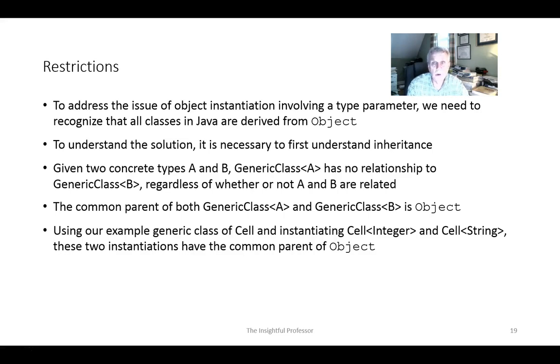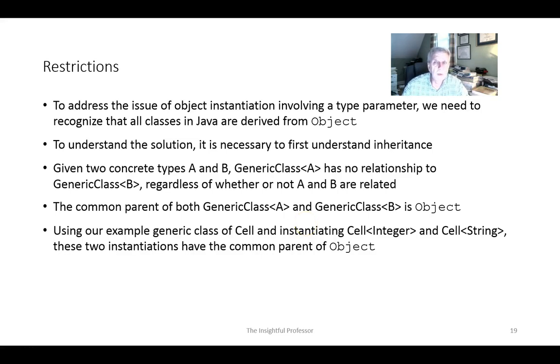common ancestor of object. So this generic class with A as the type parameter is effectively derived from object. Generic class with B as the type parameter is also derived from object. That's the only similarity or association or relationship that we might consider that these two classes A and B have.